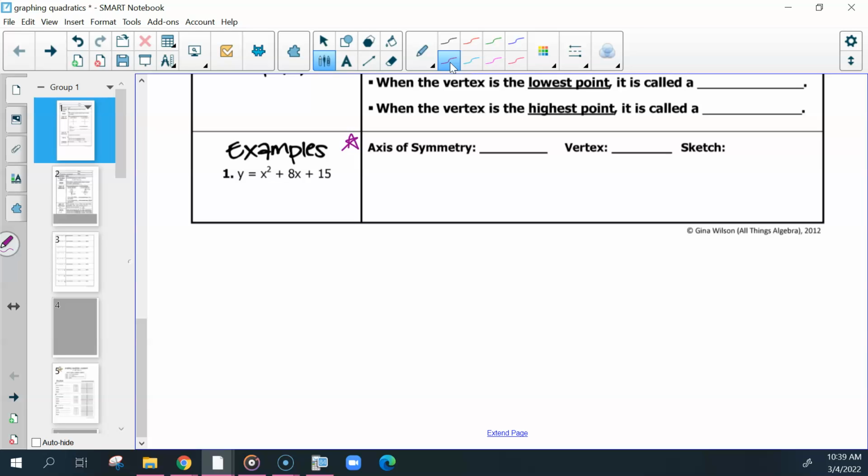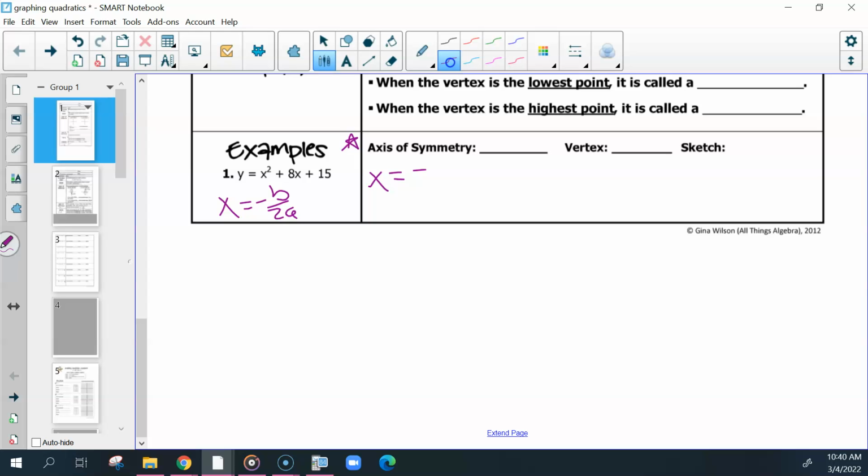To find our axis of symmetry, we're going to use that formula x equals negative b over 2a. Our b and our a come directly from our equation that we're given. This would be x equals negative, always negative no matter what, unless our b value is also negative, and that would change.